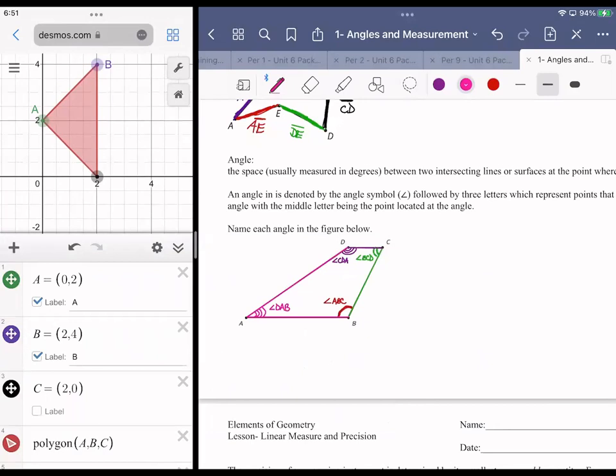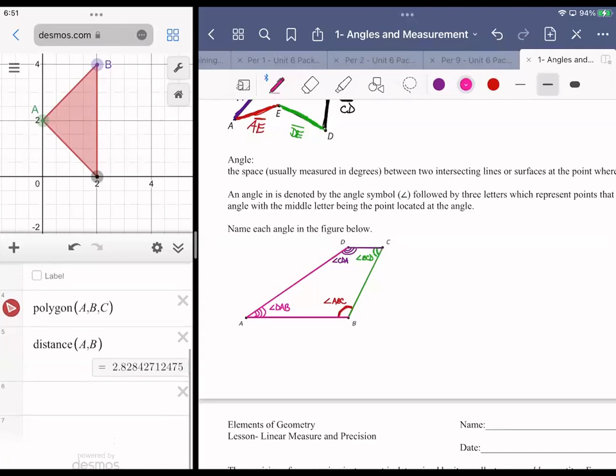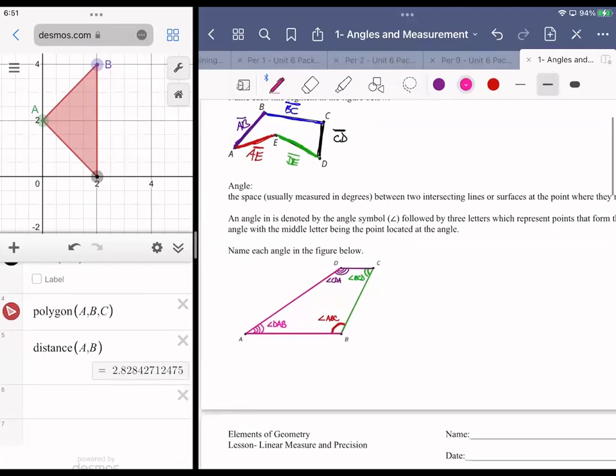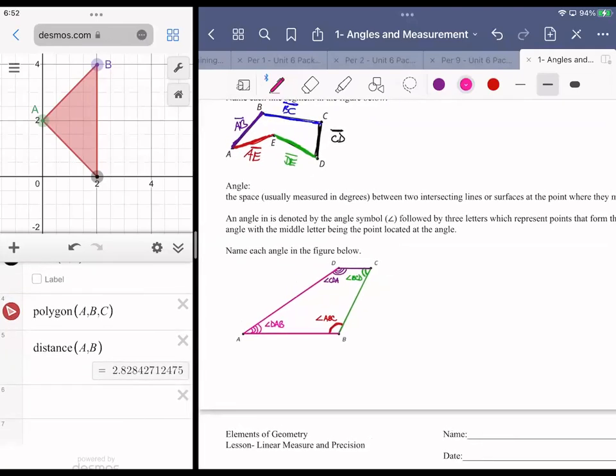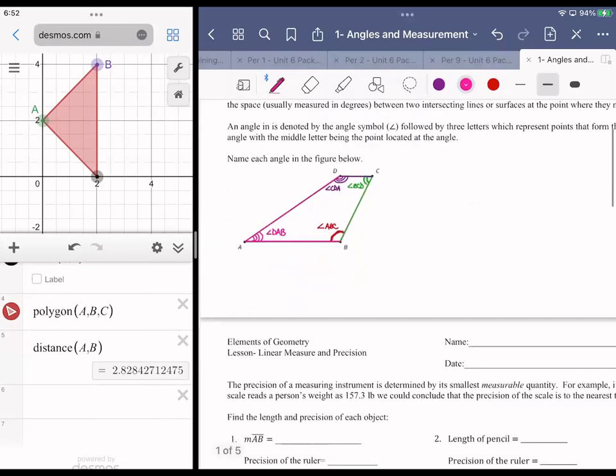Maybe I can just use a function in Desmos to do that for me. So we get a little bit of both in this class. If it were an in-person class, I would have my set of rulers and protractors. But in this class, I have a set of rulers and protractors. They're just all digital. But more on that later.